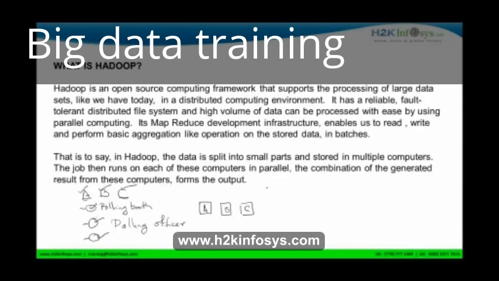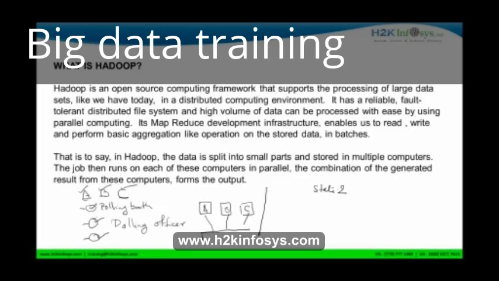Now this happens simultaneously in multiple states. And when all the states have gone through their voting process, then they aggregate all the votes that candidate A got from state 1, 2, 3, and so on, candidate B got from state 1, 2, 3, and so on, and candidate C got from states 1, 2, 3, and so on.